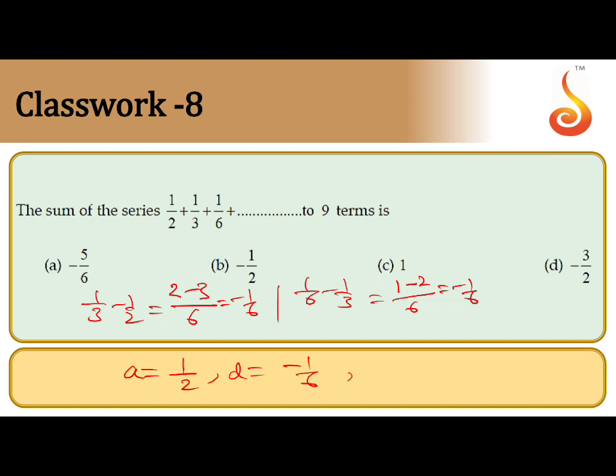So now we have to find S9 because they ask for the sum of 9 terms. I will solve it on the next page. So we want S9. S9 equal to 9 by 2 into (2a + (9 − 1) into d). What is the A value? A is 1 by 2 and D is minus 1 by 6.